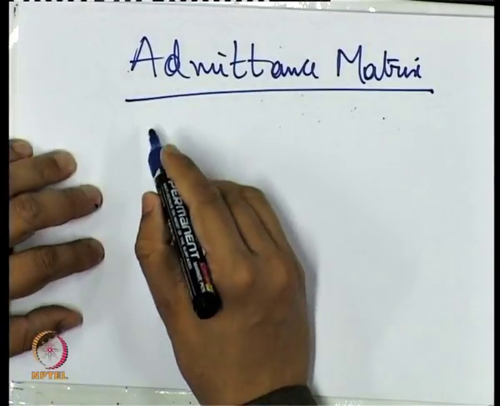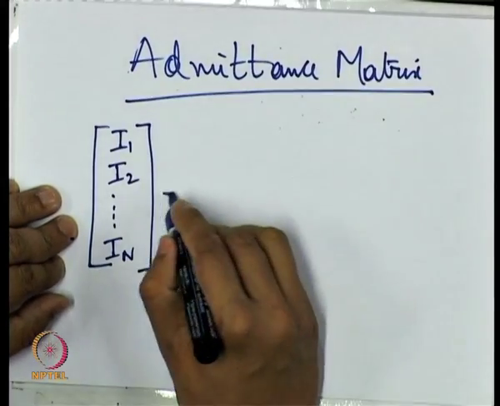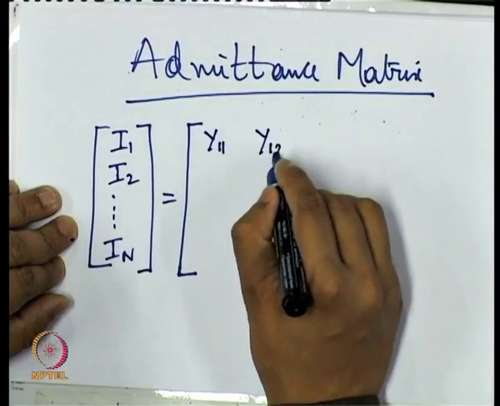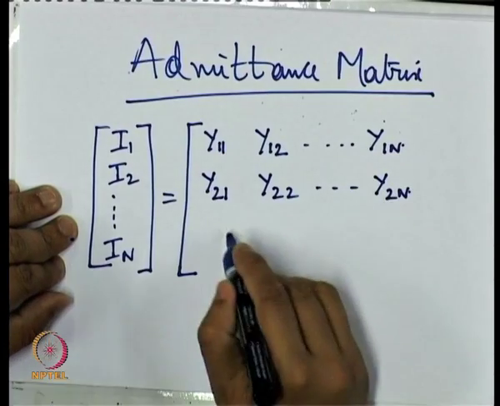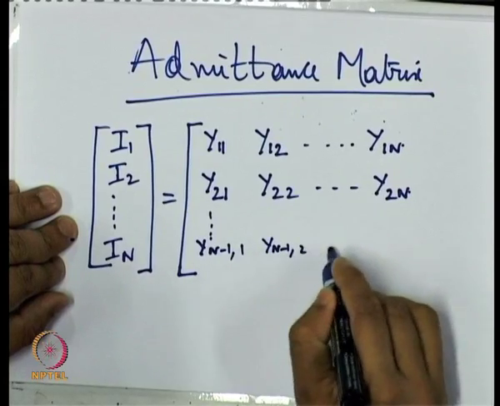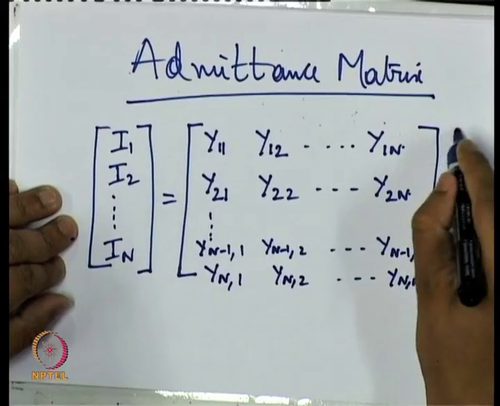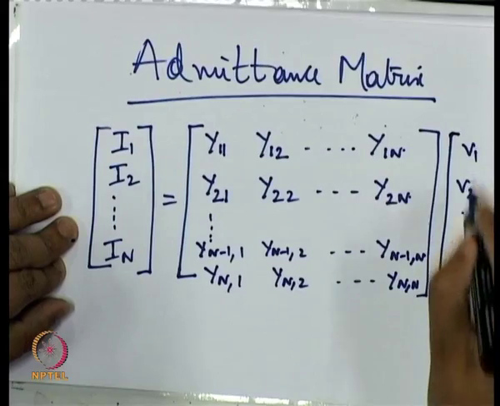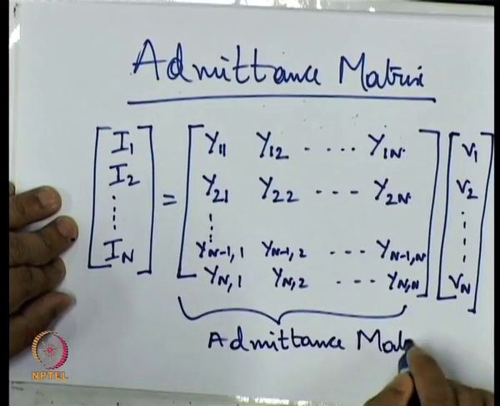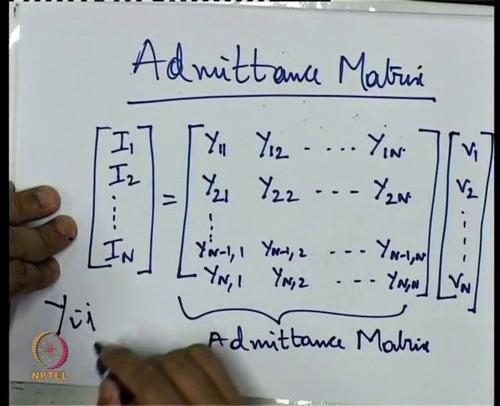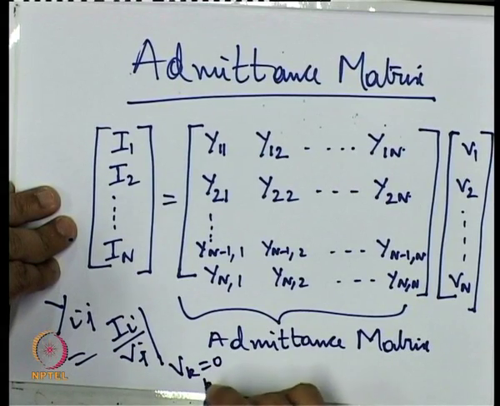Then the admittance matrix is defined as shown, and any admittance parameter Yij is defined as Ii upon Vj, where Vk is equal to 0, k not equal to j.